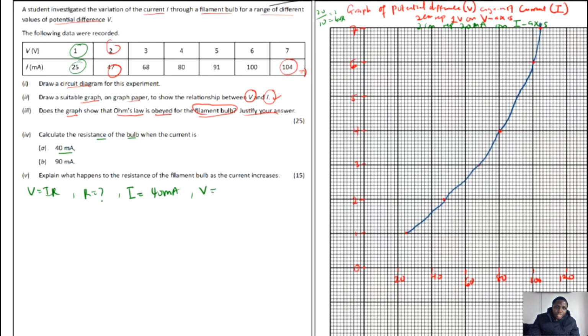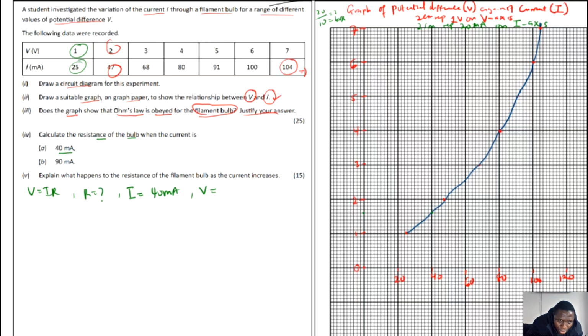So the voltage can be deduced from the graph. All you need to do is trace this to 40. This is your 40 here, and 40 meets the graph at this point. You trace this line down to the voltage side.